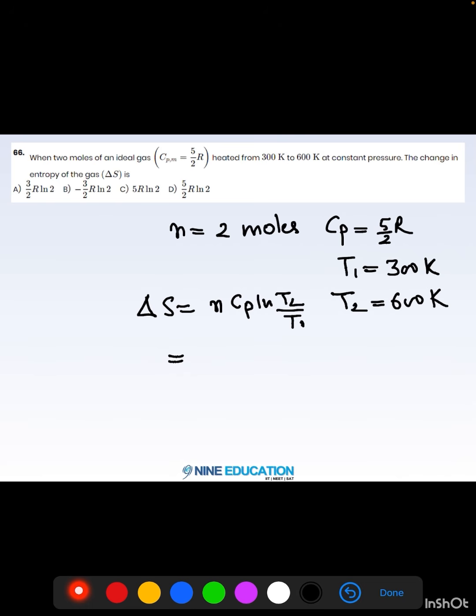We are doing it for the 2 moles. The value of Cp is given 5 by 2 R, and ln T2 by T1 is 600 divided by 300. So when you cancel out, you'll get 2. So the answer will be simply 5R ln 2, means again option C would be the correct answer here.